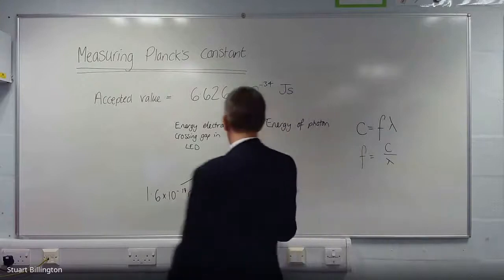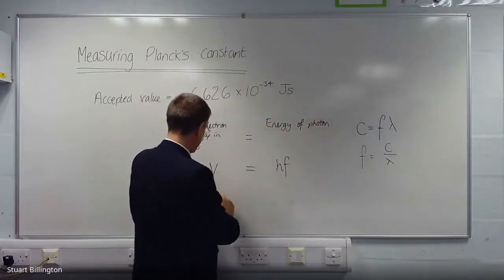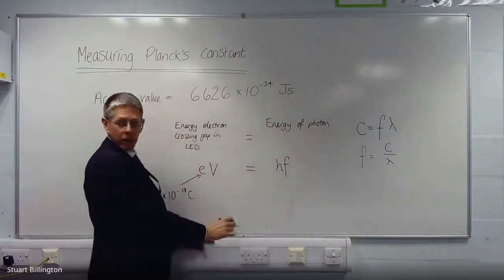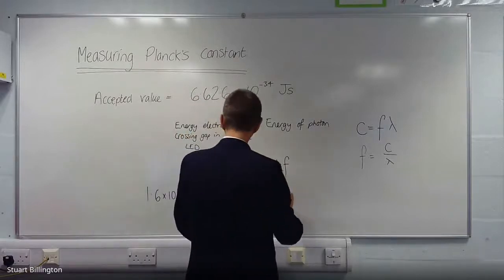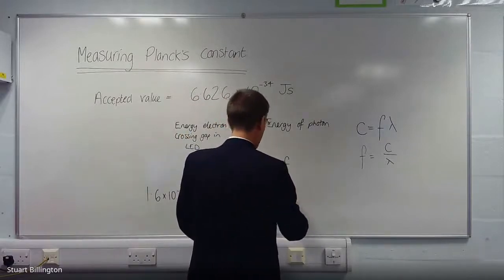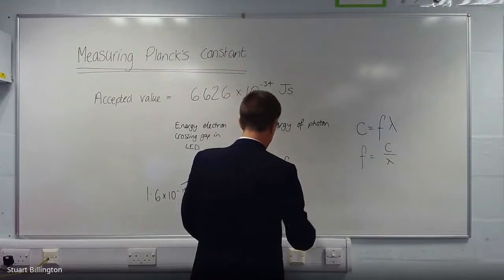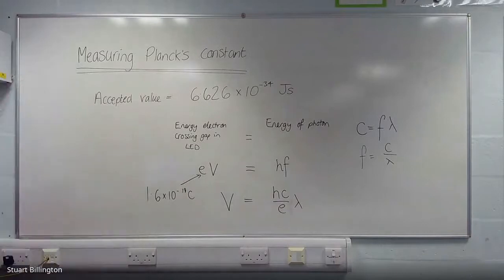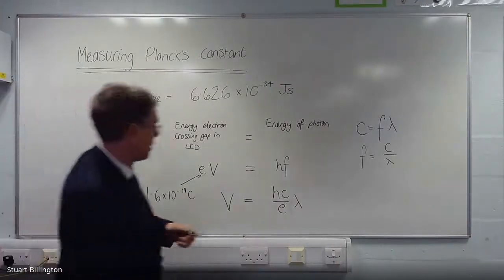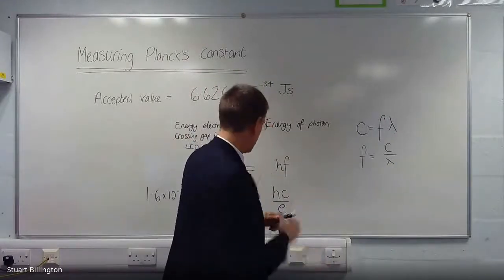And that means that we end up with this equation. I'm just going to divide through by the e. V equals hc over e times lambda. No, lambda's on the bottom. 1 over lambda.